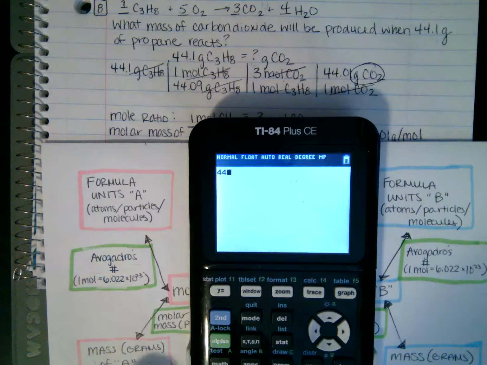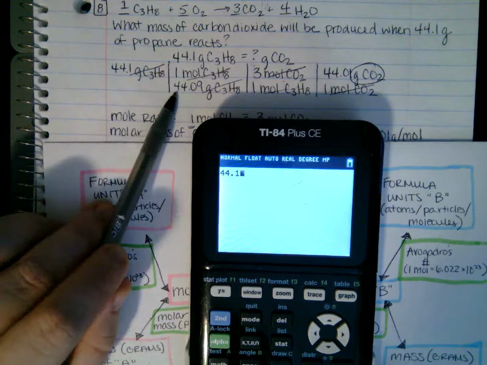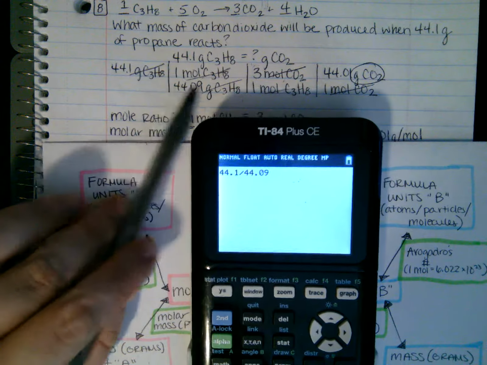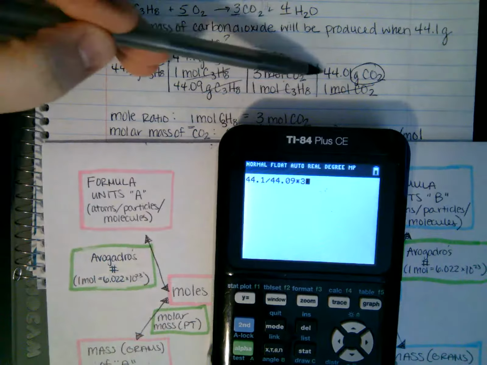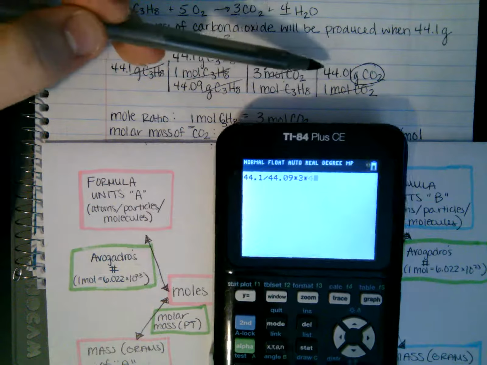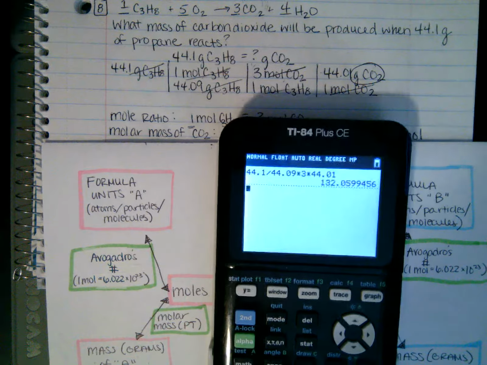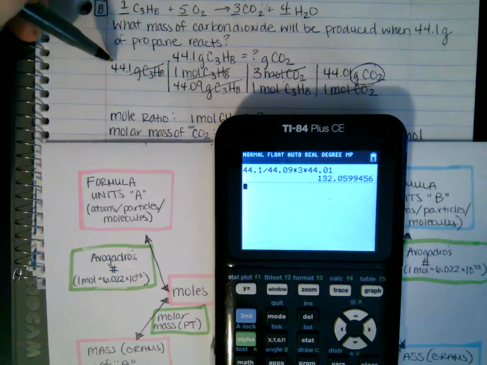So we've got 44.1 divided by 44.09 times 3 times 44.01. We get this number. We need to think finally about rounding. Our problem gave us 3 sig figs.